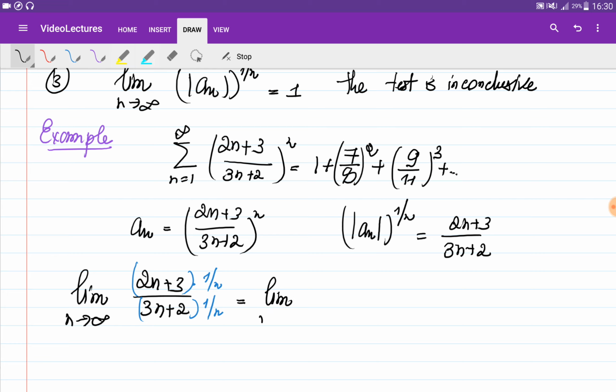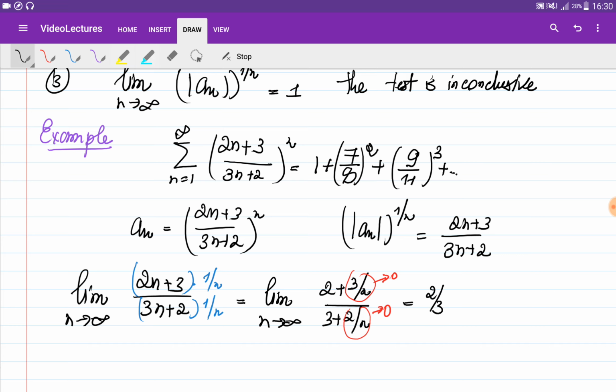We would multiply both the numerator and denominator by 1 over n in order to find the limit. It's going to be (7 plus 3 over n) divided by (3 plus 2 over n). When n goes to infinity, these two terms go to 0, so what is left is simply 7 over 3.